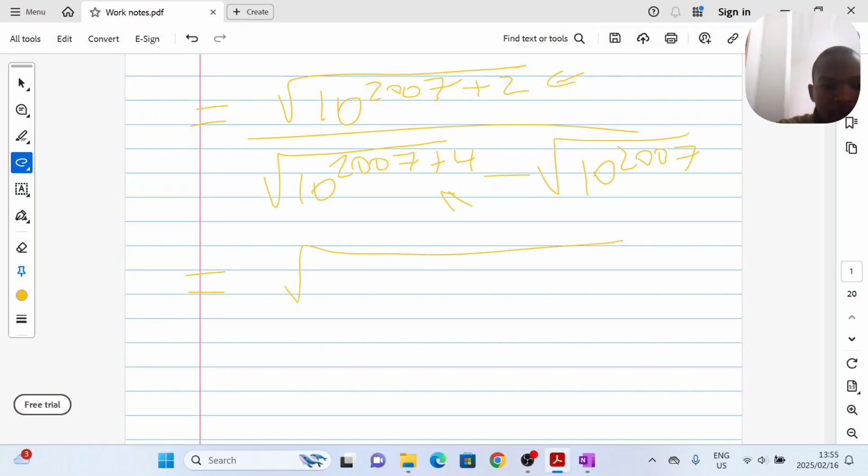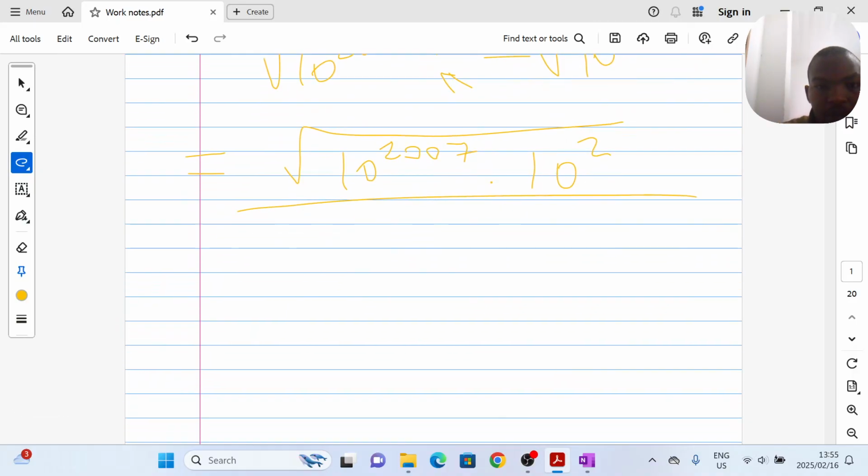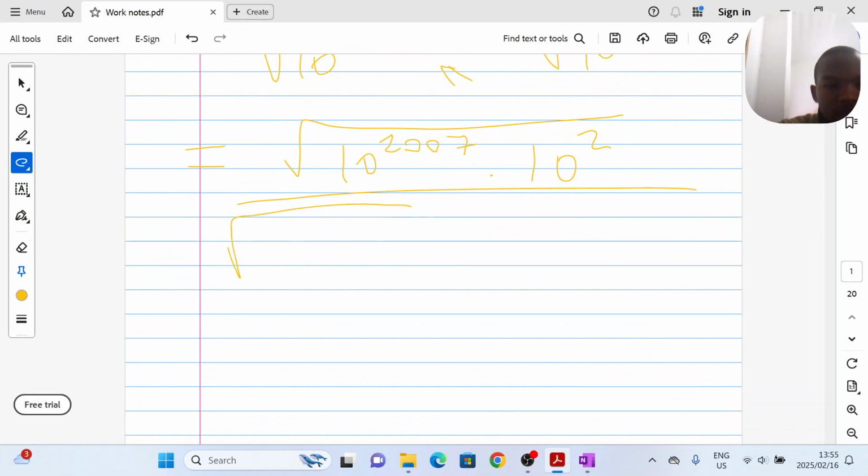We're going to have 10 to the power 2007 times 10 to the power 2, all divided by the square root of 10 to the power 2007 times 10 to the power 4, minus the square root. We leave that as it is.